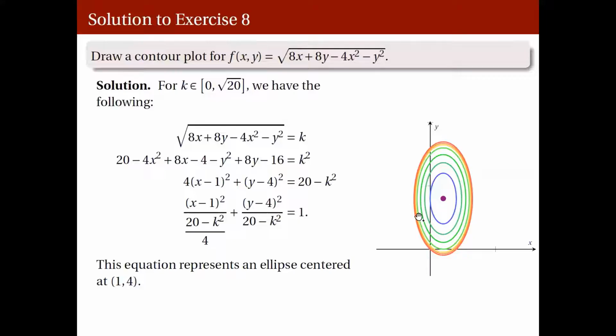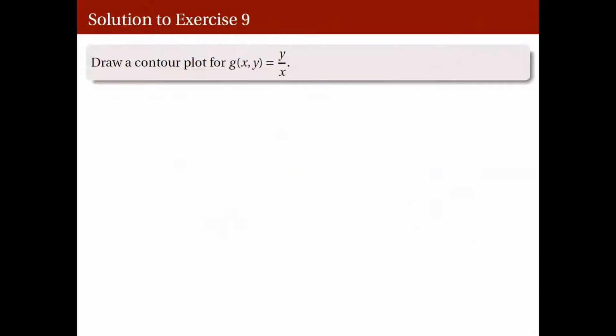Let's take another function of 2 variables, y over x. One can verify that for any y and for any x that is not 0, so that's your domain, the output will be any real number, which justifies the taking of level curves for any real number k. It could be positive, could be negative, could be 0.